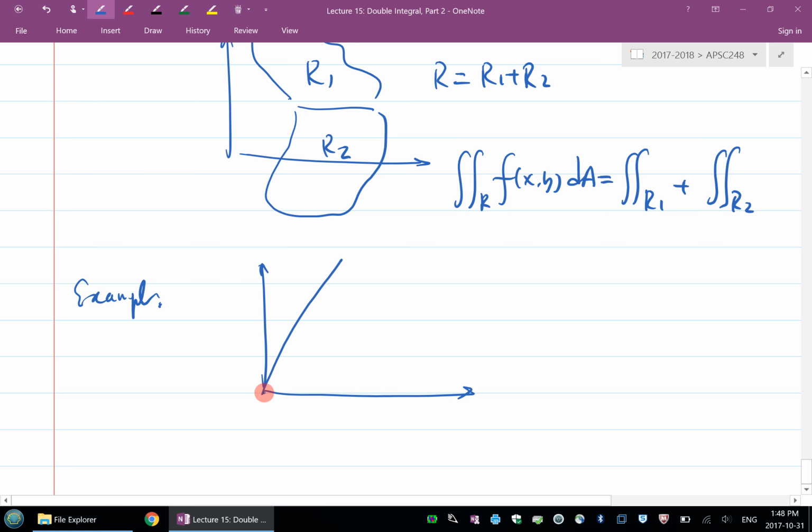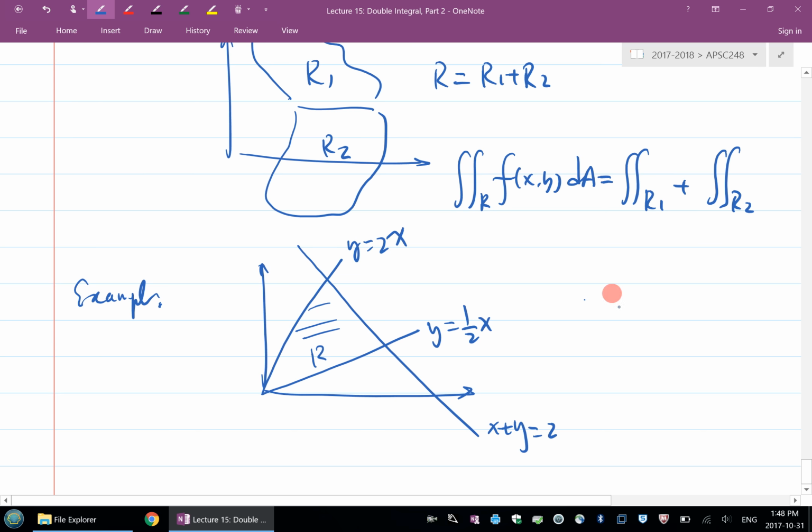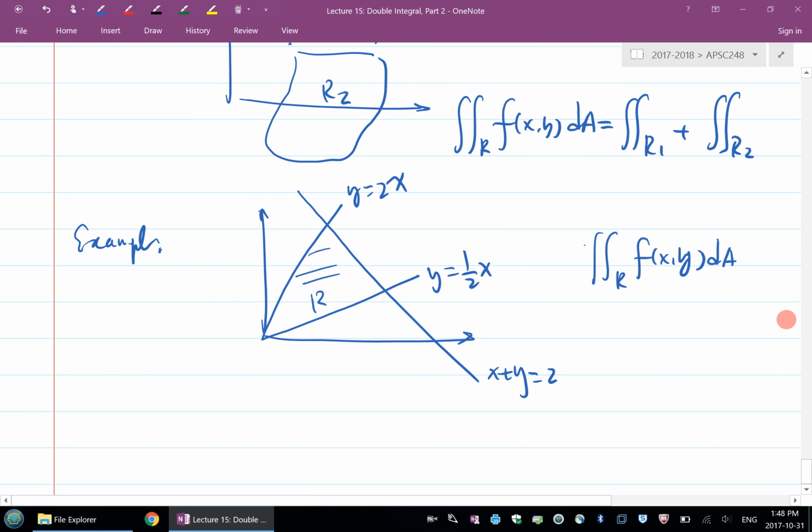So let's see, I have a region bounded by 3 lines: x plus y equal to 2, y equal to 1/2 x, y equal to 2x. So that's your region R here. This is your R. Then suppose we're going to integrate some kind of function over this region R. This is the idea of integration by pieces, because suppose I'm going to integrate dy dx.